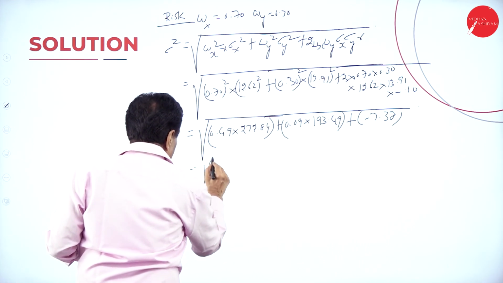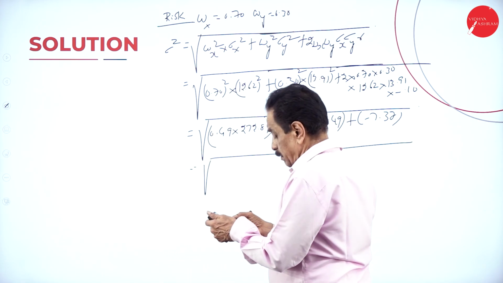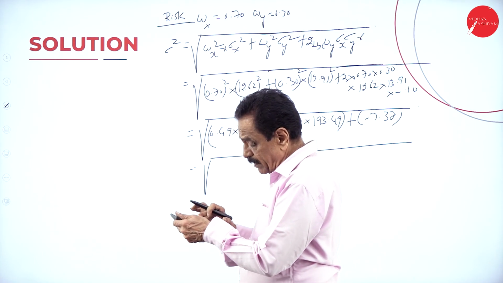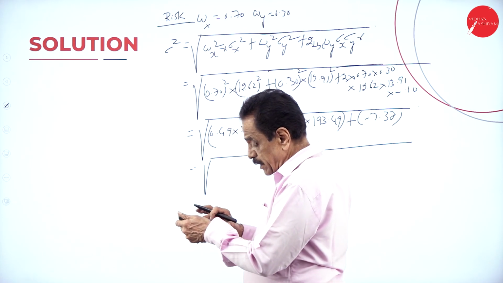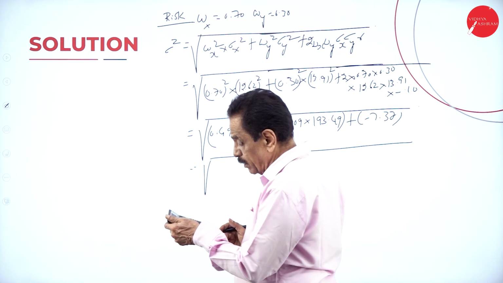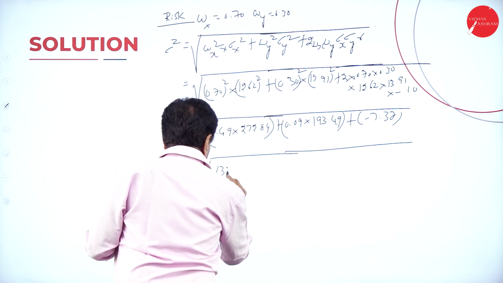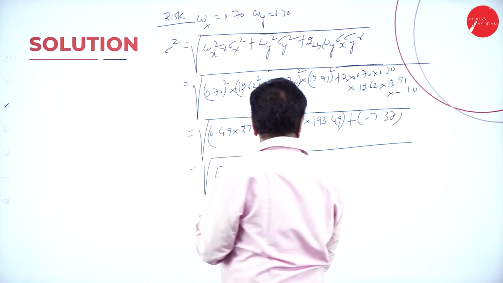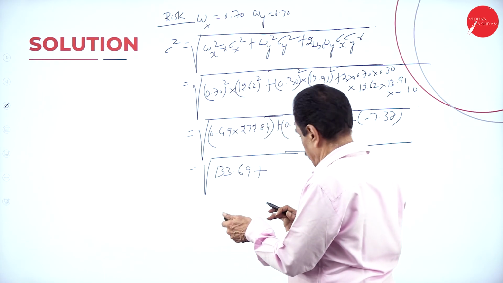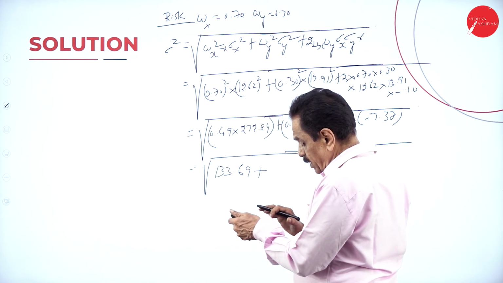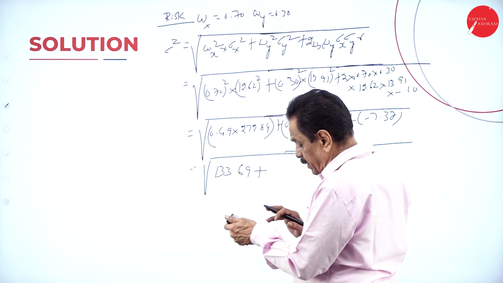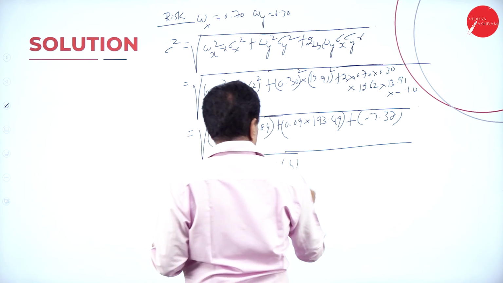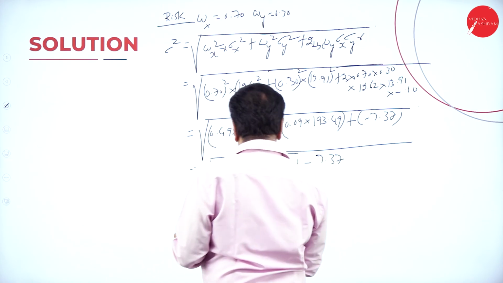This is equal to root of 0.49 into 272.84, 133.69, plus 0.09 into 193.49, 17.441, minus 7.37.